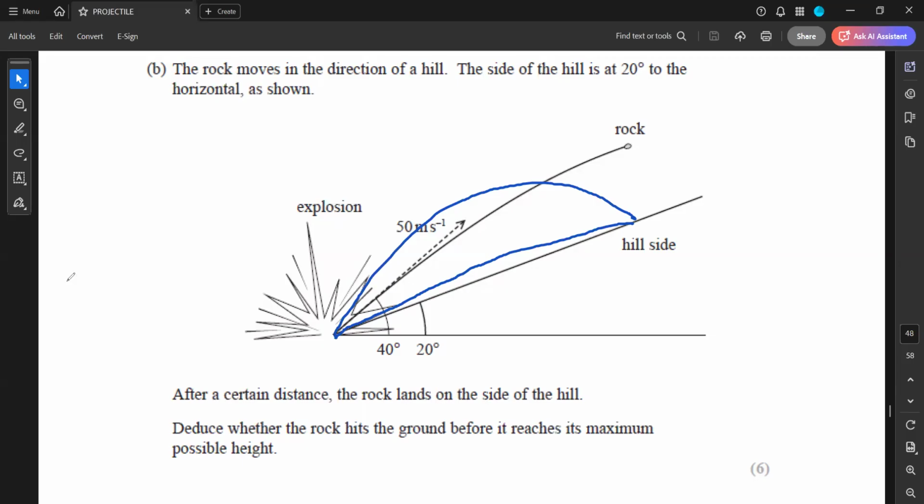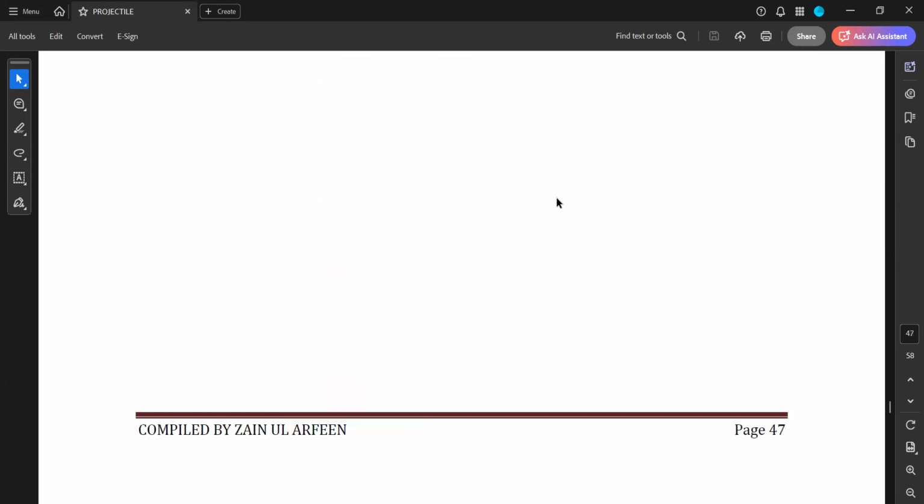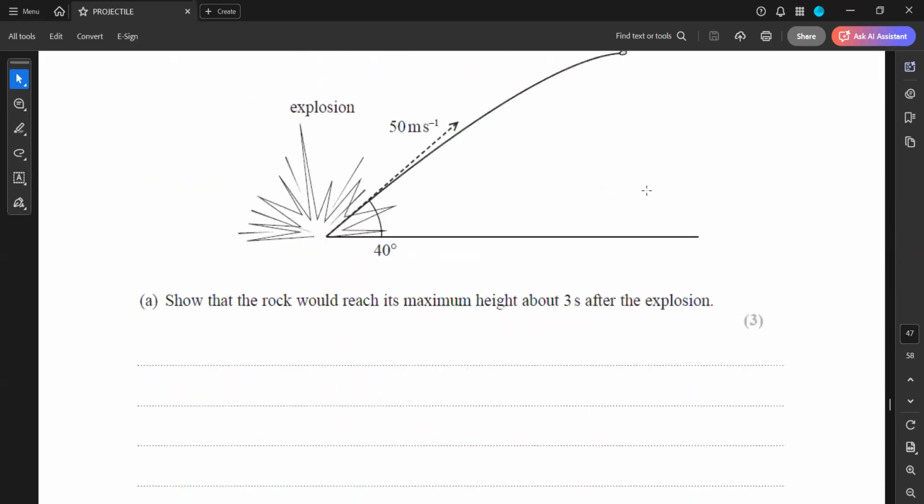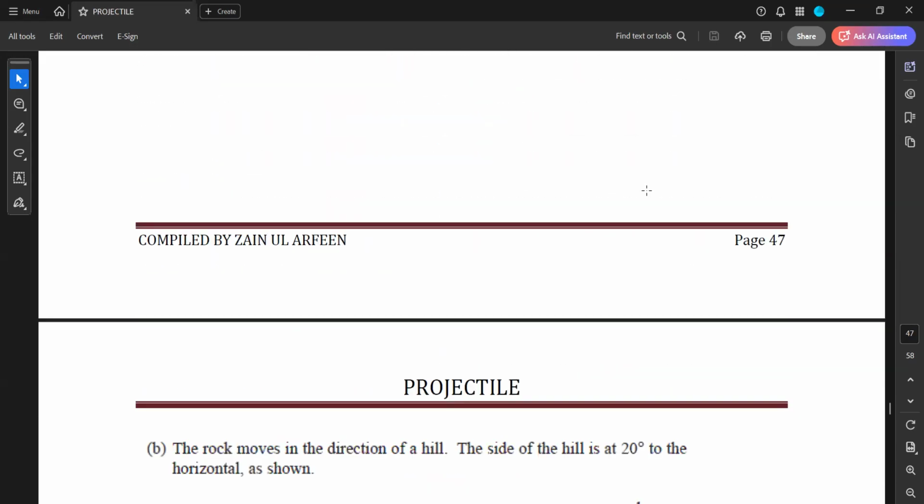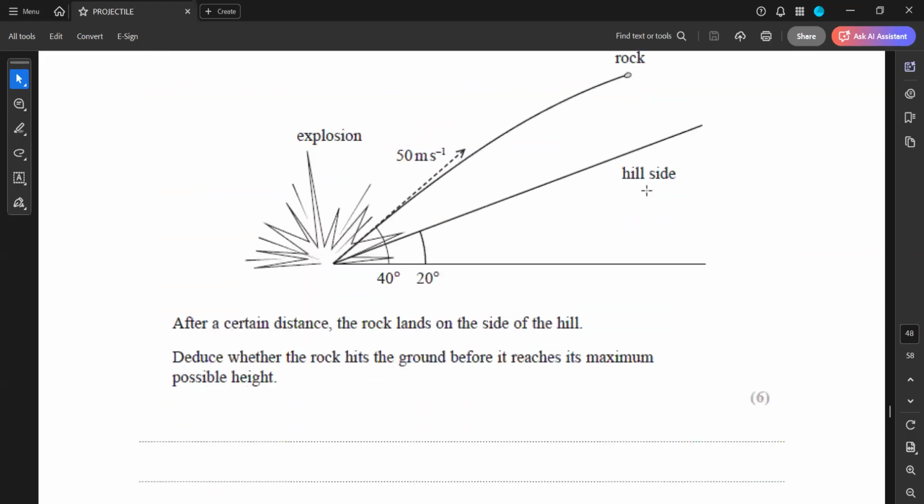So we have to deduce whether the rock hits the ground before it reaches the maximum possible height. The maximum possible height is not given, but we know after 3.28 seconds it will reach the maximum possible height.